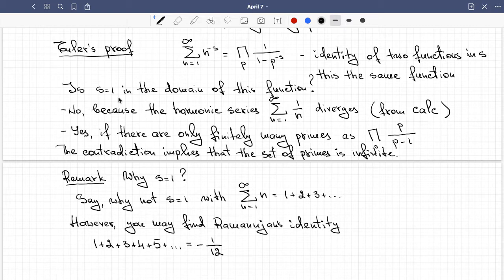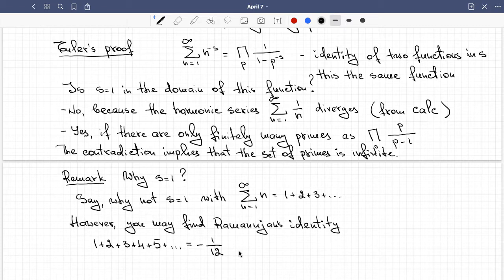We will not go into that deeper. I just want to say that although this remark seems to be a counter-argument, it is not. It is not on a primitive level, because to make a counter-argument to Euler's proof out of Ramanujan's identity, you have to explain what that identity may mean.